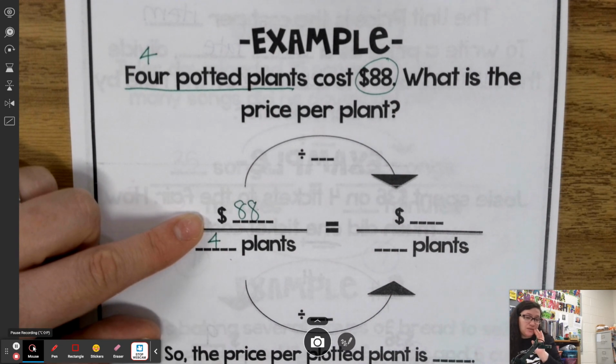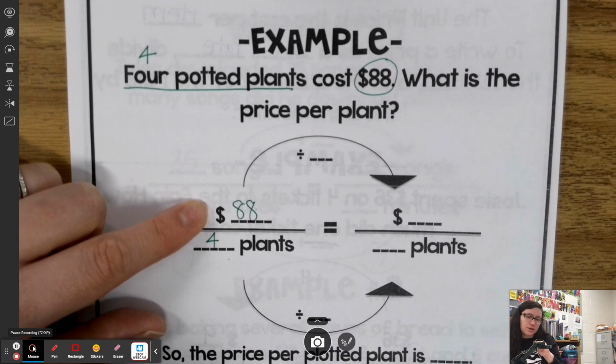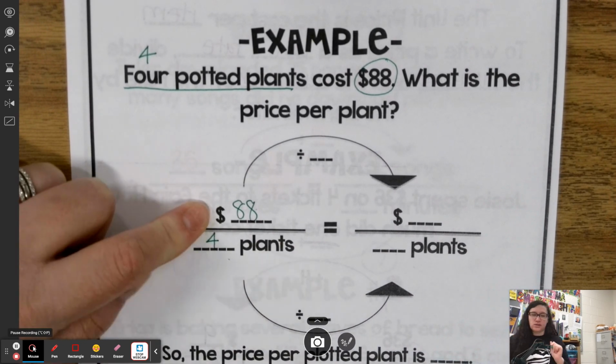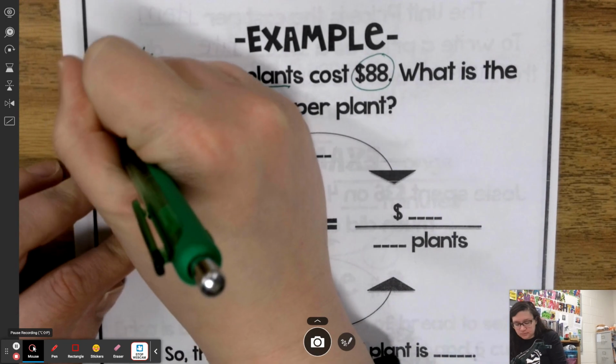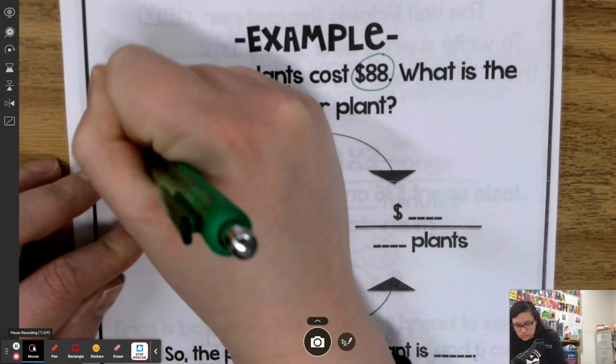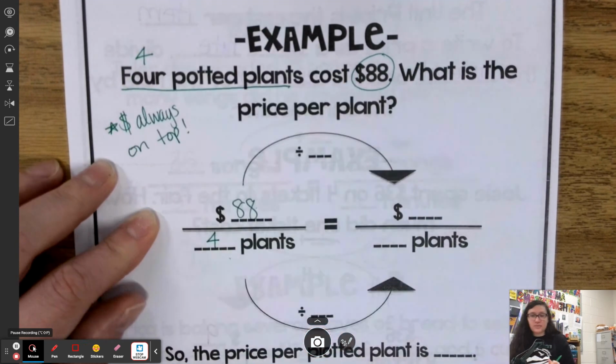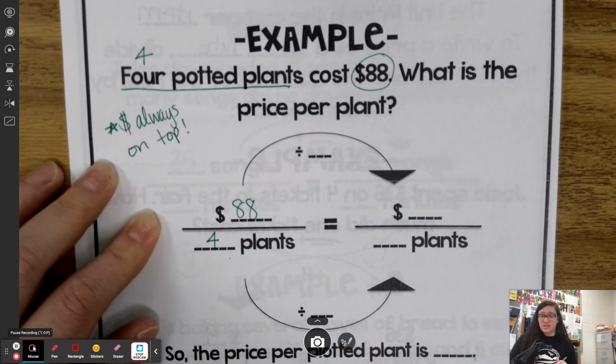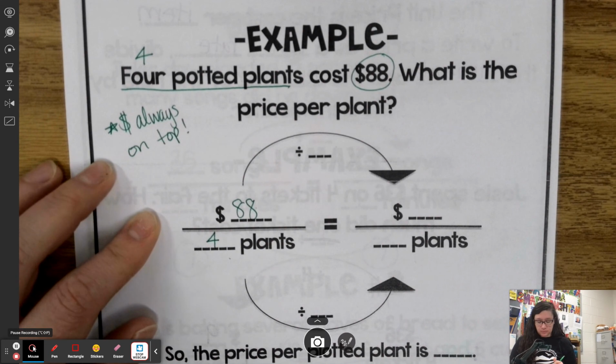Money is a dependent variable, like you learn about in science class. Dependent variables always go on top. The money number will always go on top. Let's write that down. Your money is always on top because it's a dependent variable.